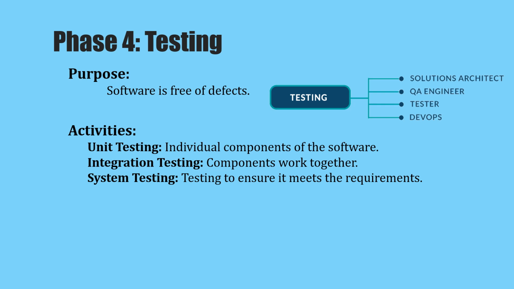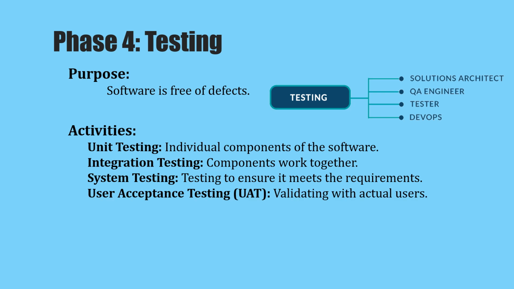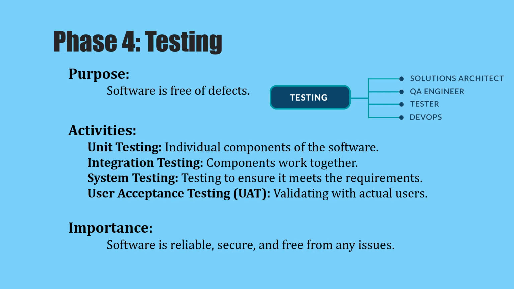System testing, testing the complete system to ensure it meets the requirements. User acceptance testing, UAT, validating the software with actual users to ensure it meets user needs. The importance is that testing ensures the software is reliable, secure, and meets the specified requirements, reducing the risk of post-deployment issues.